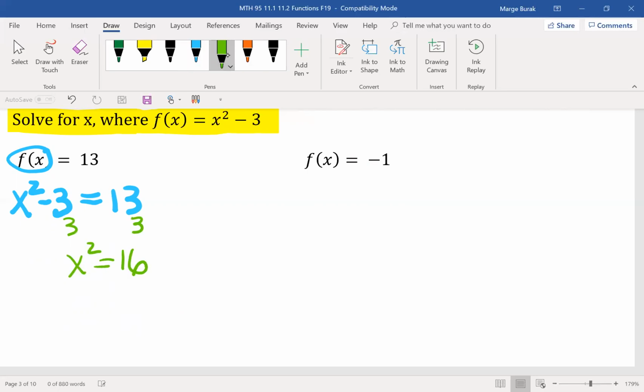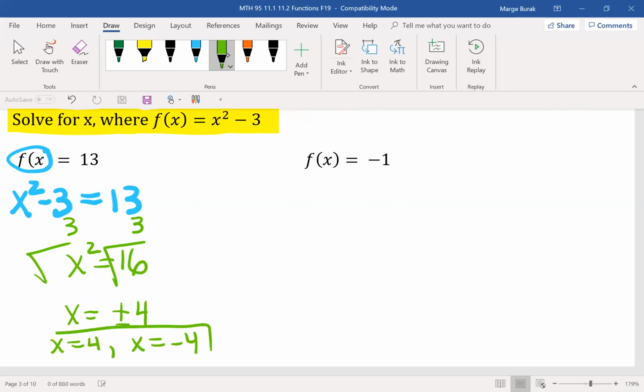And now if I square root both sides, I get x equals plus or minus 4, x equals 4, x equals negative 4. Okay, so what does that mean? That means f of 4 will come out to 13, as will f of negative 4.